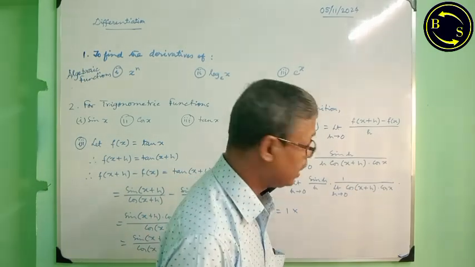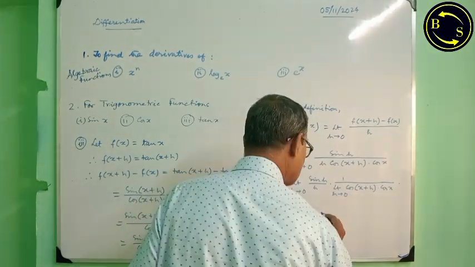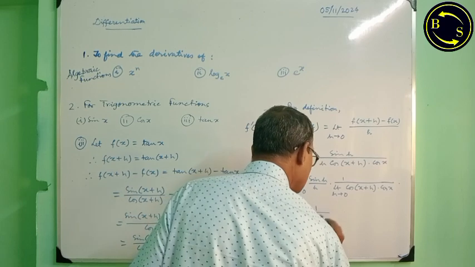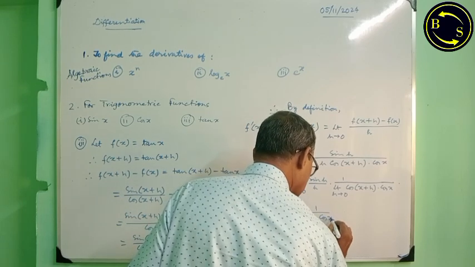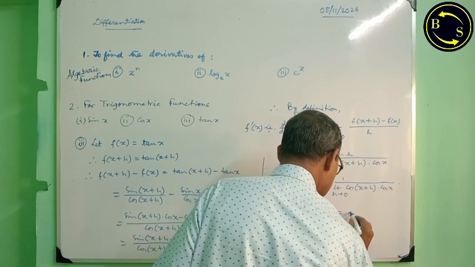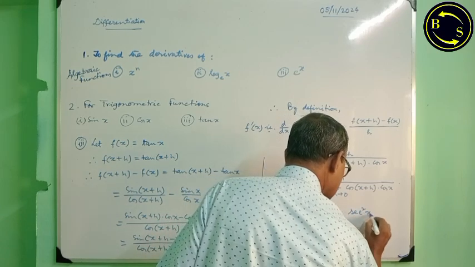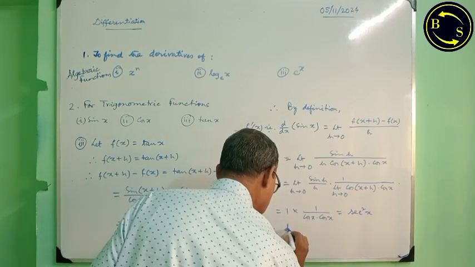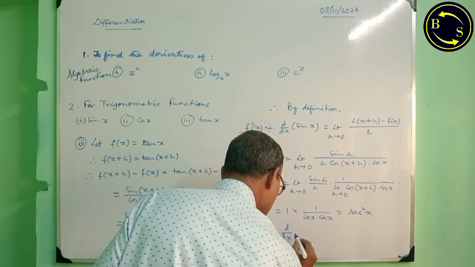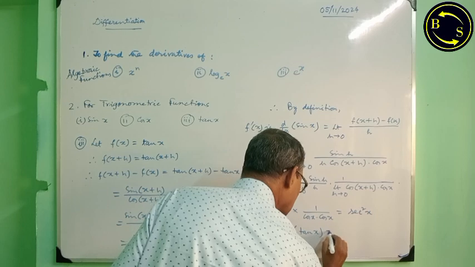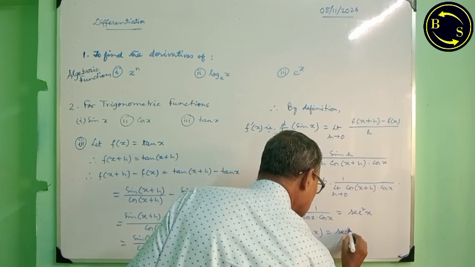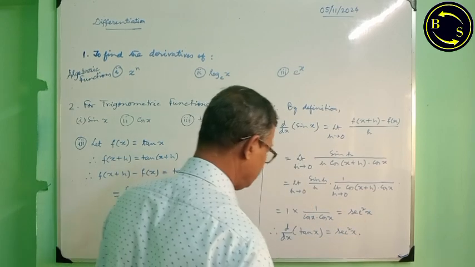Finally, we have to put h equal to 0, and this will be 1 by cos x into cos x. Therefore, this is sec square x. Therefore, d dx of tan x will be equal to sec square x.